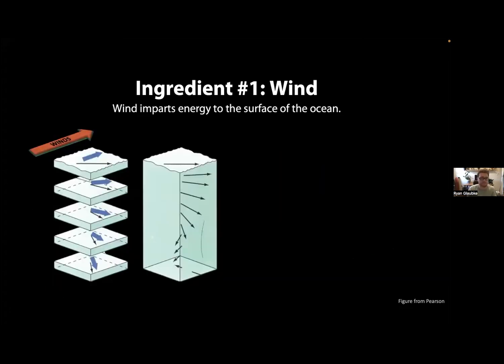See, when you discover something cool, you get to name it after yourself, which we all aspire to one day, whether scientists admit it or not. But the weird thing about this spiral, it's really cool in theory, but if you think about the entire upper ocean and how water is moving in response to the wind, you get average transport at 90 degrees relative to the way the wind is blowing, completely in the wrong direction, right?